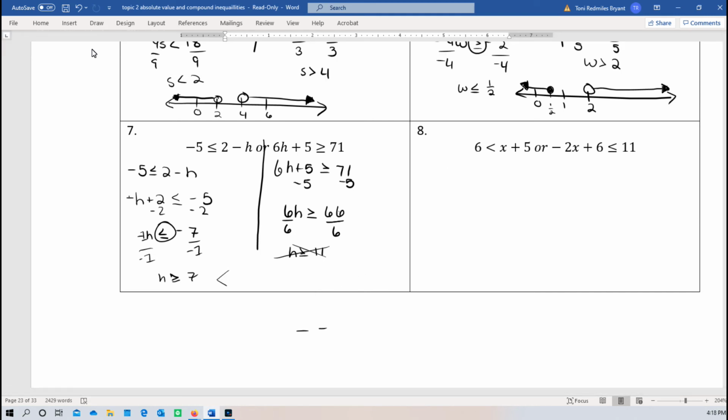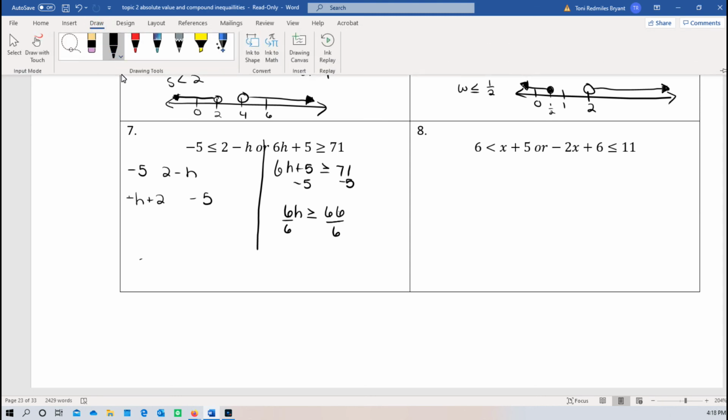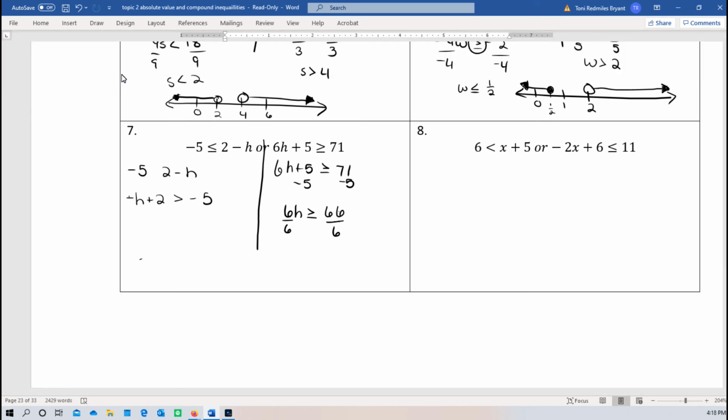When I flipped around my equation, one other thing you have to be careful of, that I guess I wasn't careful enough of, is what you do with that inequality. Okay, so it was open on the side with the 2, so it needs to stay open on that side. I flipped it when I flipped my sides.